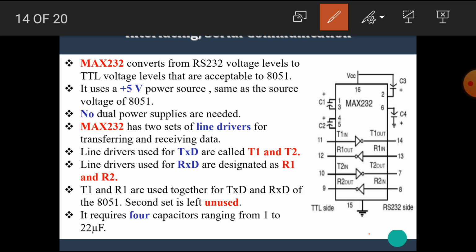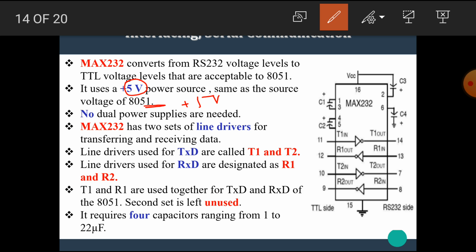Okay. Now let's see details about the MAX232 chip. The MAX232 converts from RS-232 voltage levels to TTL voltage levels that are acceptable to 8051. It uses a plus 5 volt power source, same as the source voltage of the 8051 microcontroller. This is the main advantage of the MAX232 chip, that it requires the plus 5 volt power supply, because the power supply of the 8051 microcontroller is also plus 5 volt.